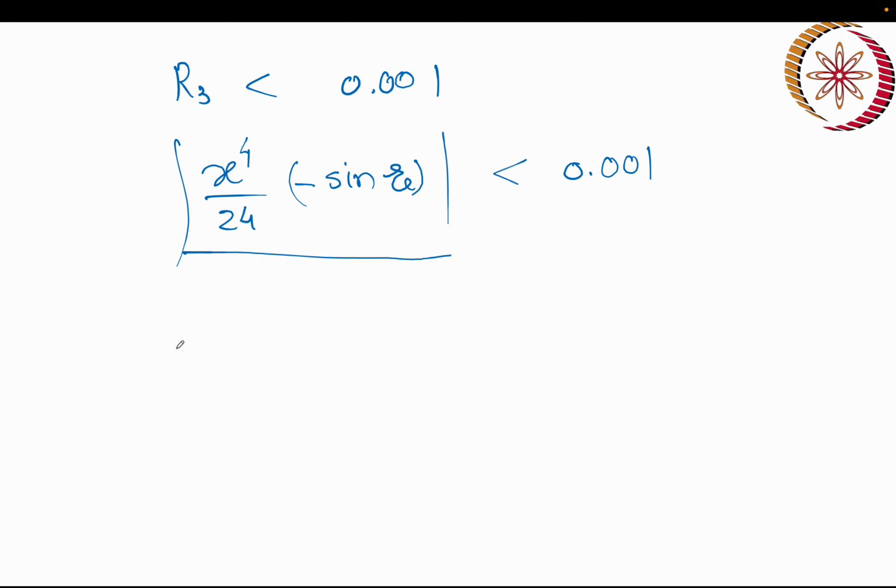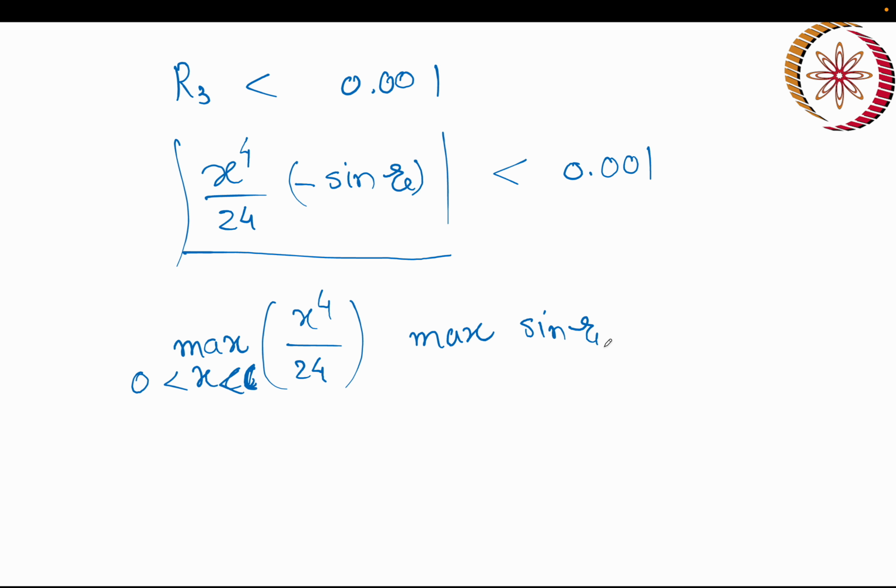What we can do is take the maximum of x^4 by 24 for x between 0 and c, which is our interval, and also the maximum value of sin xi over the same interval. If we take the multiplication of these two terms, it should be less than 0.001.